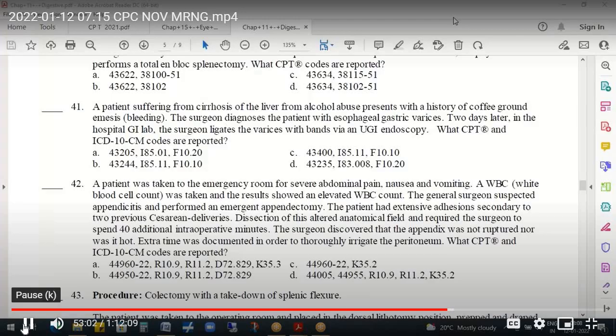First one, incisional hernia. Second one, ventral hernia.